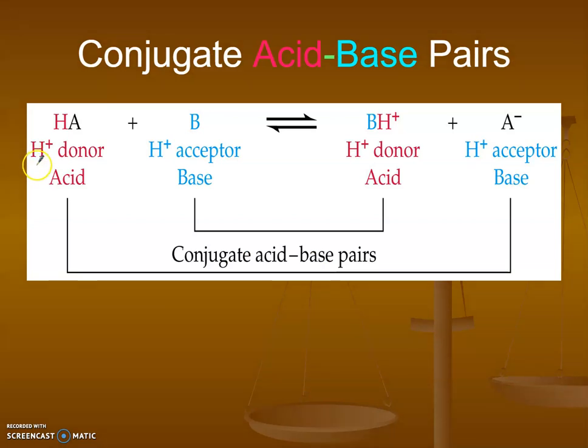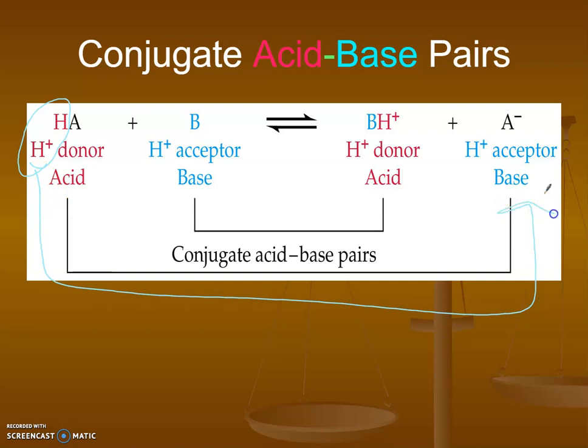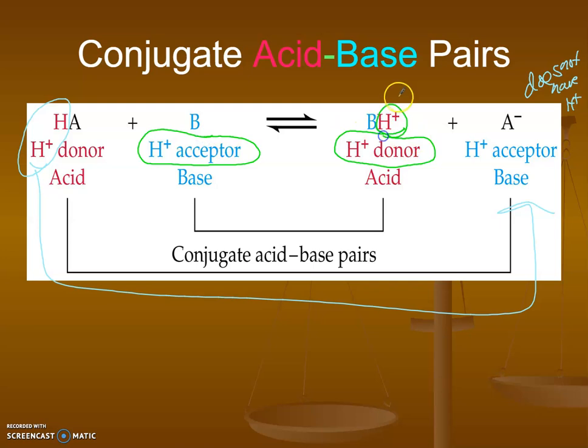All right, so if you have your donating acid, it is going to form a base that does not have one. And your base is the H plus acceptor, where on the other side, guess what? It does have it.